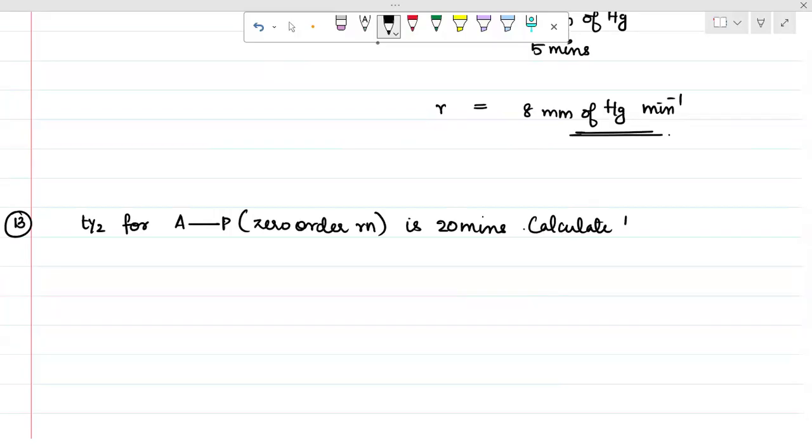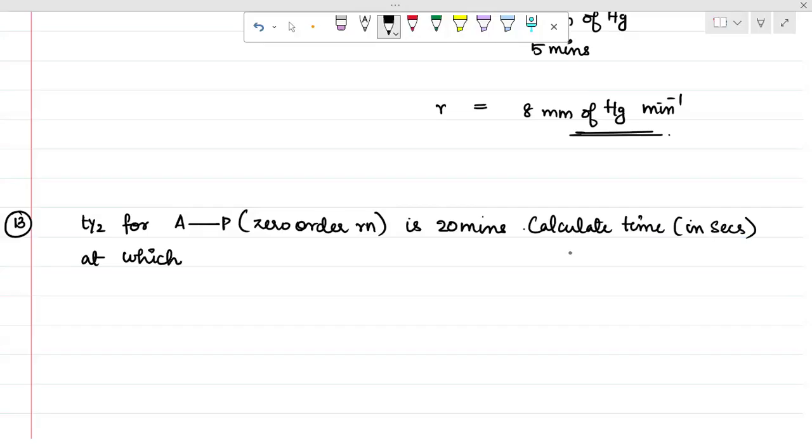Calculate the time in seconds. So be careful, okay? Whatever value is given is in minutes and they have asked you to give your time in seconds. So you have to convert. 1 minute is equal to 60 seconds. You will need to use that.